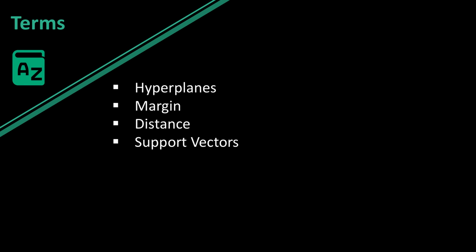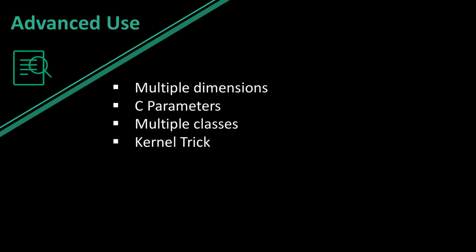So every support vector machine should have at least 2 distances, one on one side of the hyperplane, one on the other side. And then lastly, we have our support vectors. These are the first data elements that give a very clear boundary on when one class ends and another one starts. So that's the basic usage.